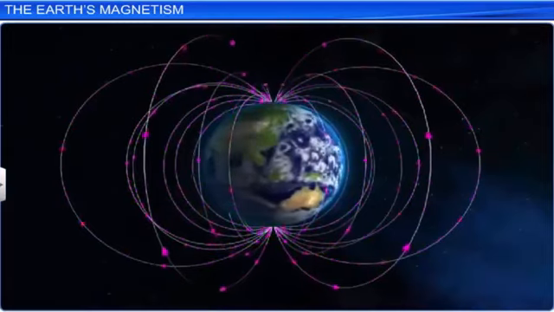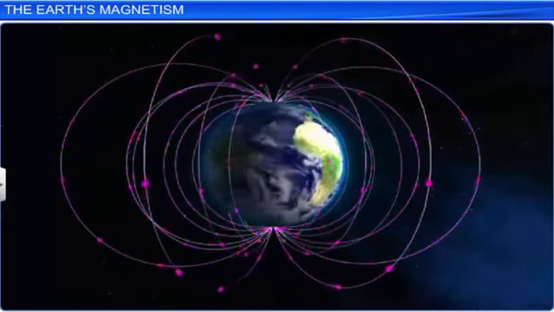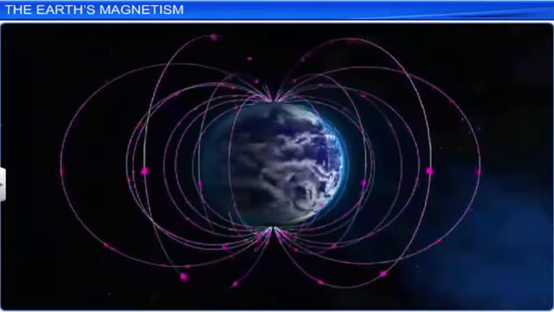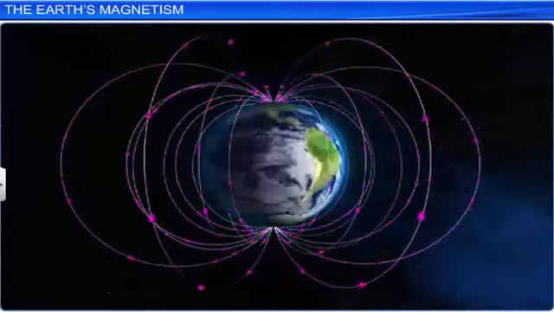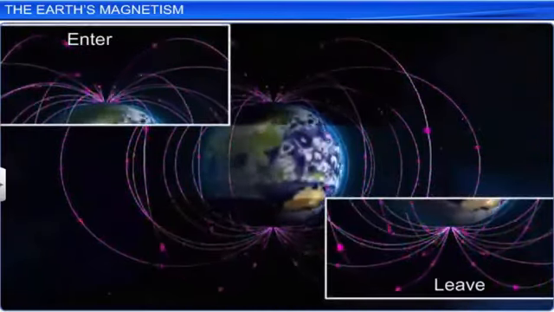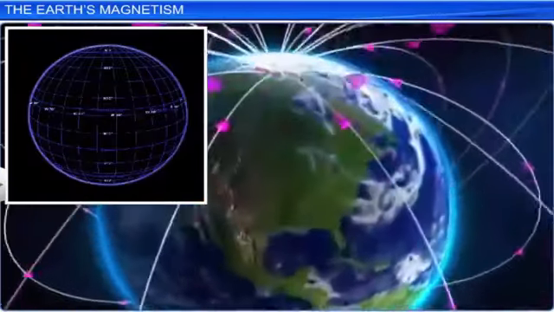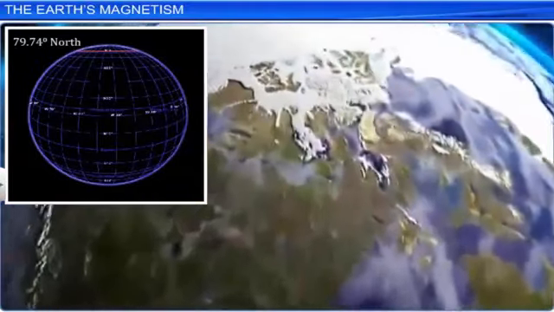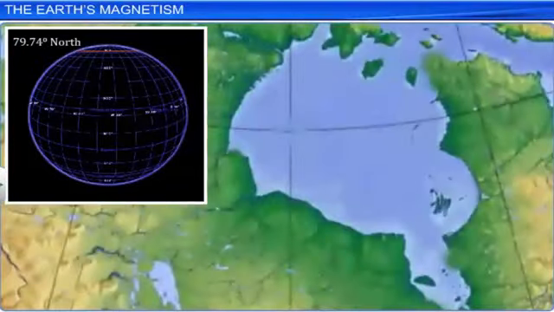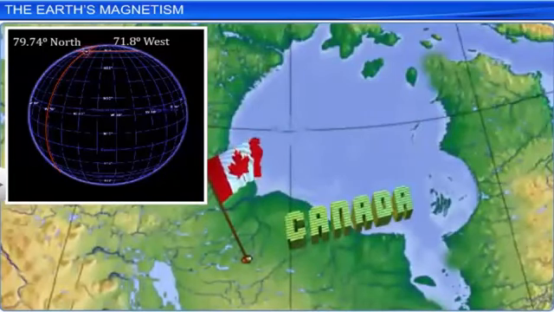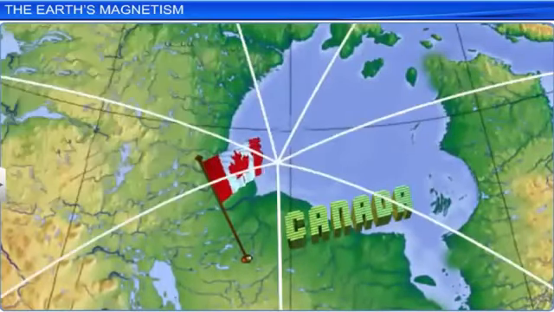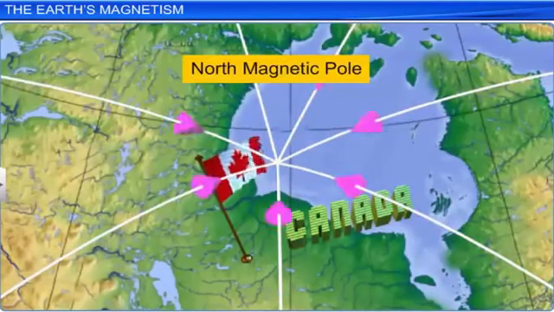From the observation of the Earth's magnetic field lines, we can see that the magnetic poles are located where the field lines due to the dipole enter or leave the Earth. A magnetic pole is located at latitude of 79.74 degrees north and a longitude of 71.8 degrees west. This is a place in North Canada. This pole, which is near the geographic North Pole, is called the North Magnetic Pole.